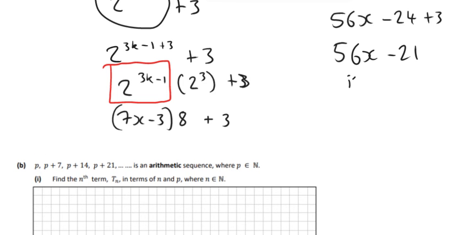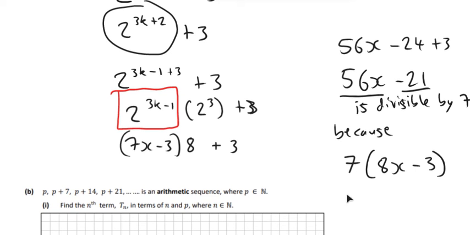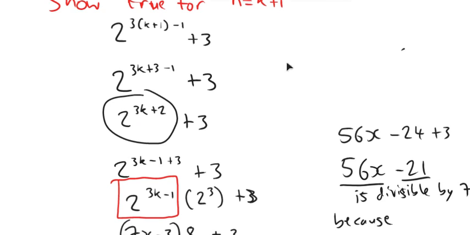So this is divisible by 7, because you can divide both of the terms by 7. If you factorize it out, you get 7 times 8x minus 3. So you've used the assumption to show that it works for n equals k plus 1.